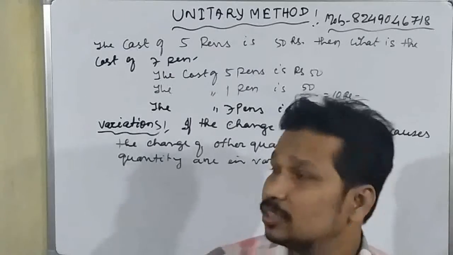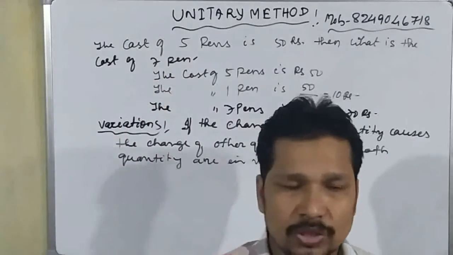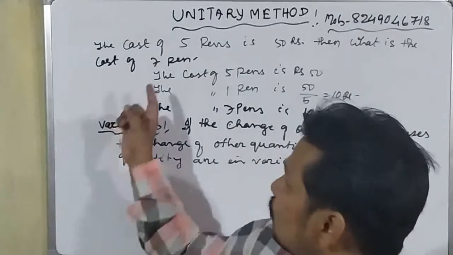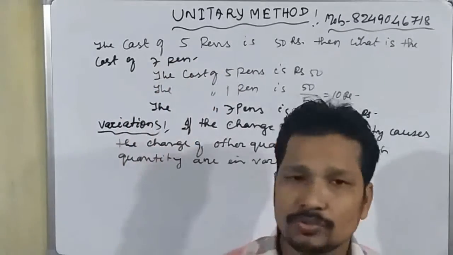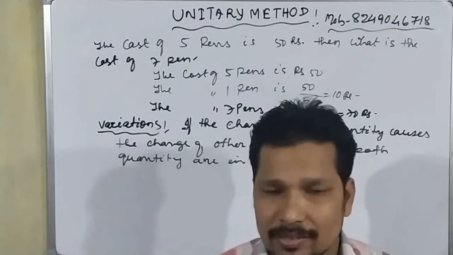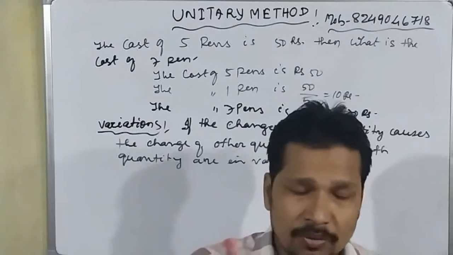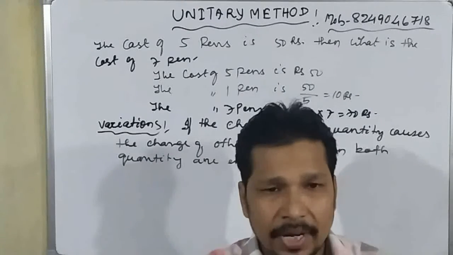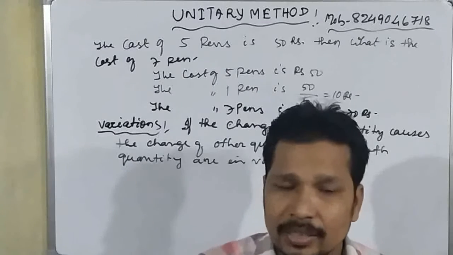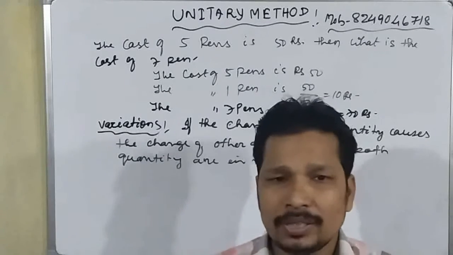This is one of the examples. It is given that the cost of 5 pens is 50 rupees. When we change the number of pens, that means if we buy 7 pens or 8 pens or 10 pens or 2 pens, then definitely the cost will change.